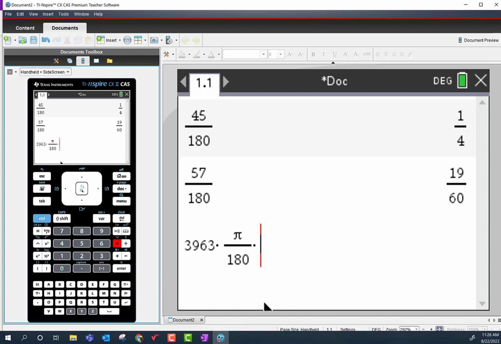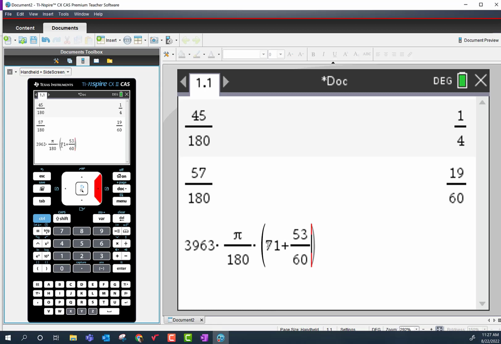So I'm going to show you how to do it without the button. We can look for the button later. The way to do it without the button would be to put 71 plus a fraction, 53 over, and how many minutes are in a degree? 60.